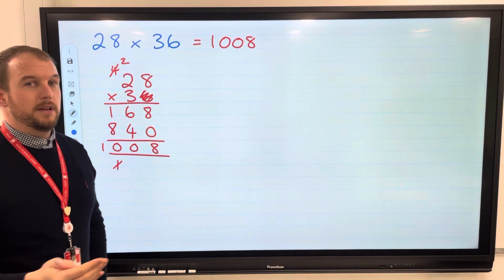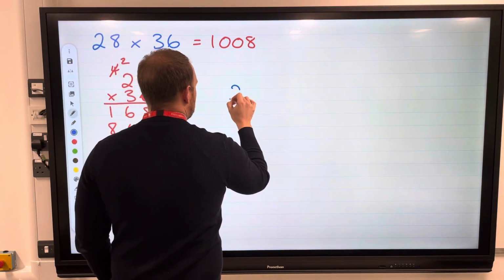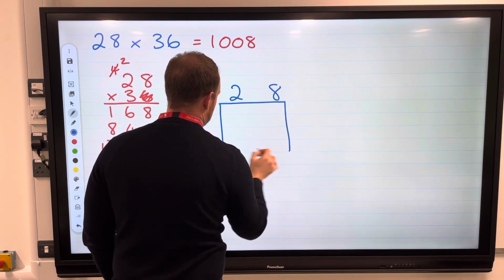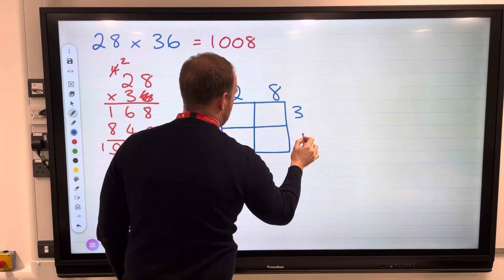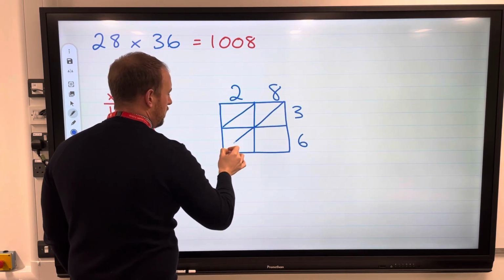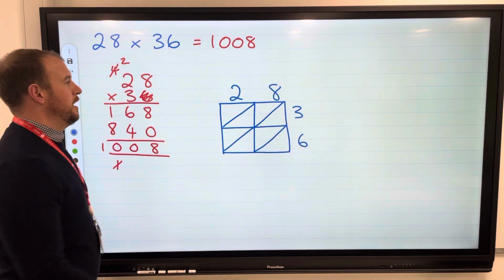There's also another method called the box and grid method, also known as the lattice method.